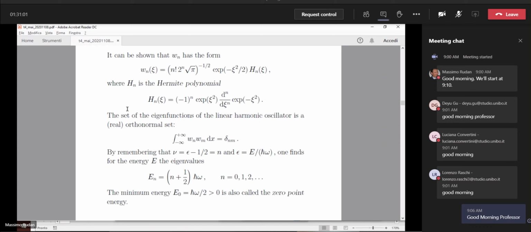Okay, this is a very, very famous formula. You spot immediately the product n times h bar omega that is reminiscent of the energy of a mode of the electromagnetic field, for instance.